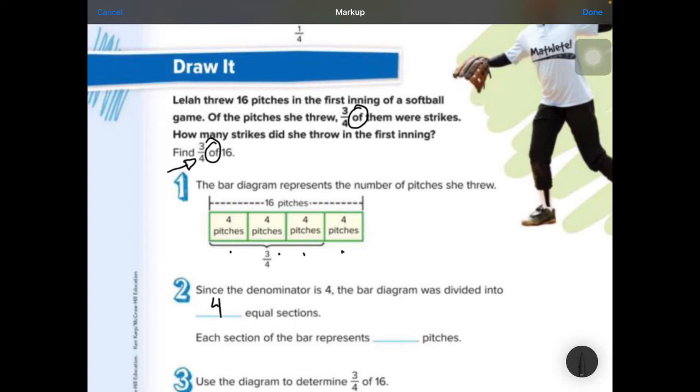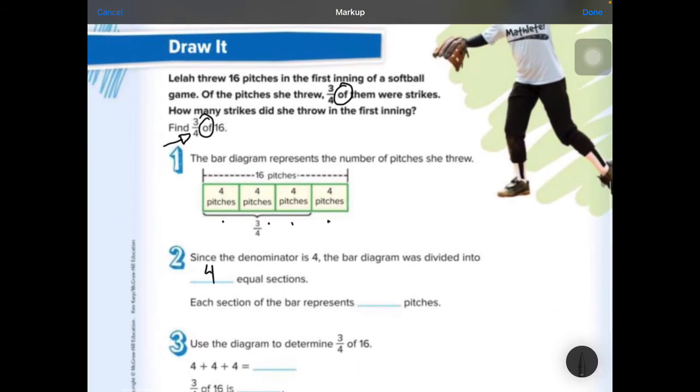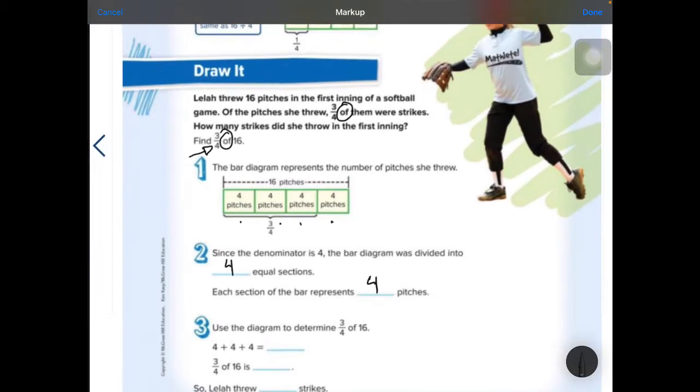Since the denominator is 4, the diagram is divided into 4 equal sections. Okay, that is key. If you can remember, whatever the denominator is, that's how many sections. That'll help you not get confused through this whole Chapter 10. Okay, number 2. Each section of the bar represents 4 pitches.